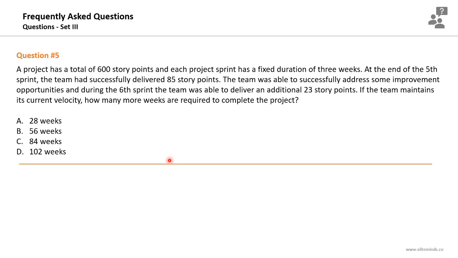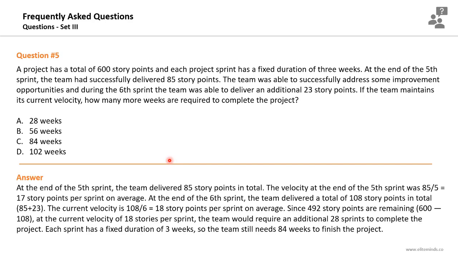So we need first to determine the current velocity of the team, determine how many more sprints are required to finish the remaining story points in the backlog, and multiply the number of sprints by the duration, which is 3 weeks, to find out that duration. So at the end of the 5th sprint, the team delivered 85 story points in total.